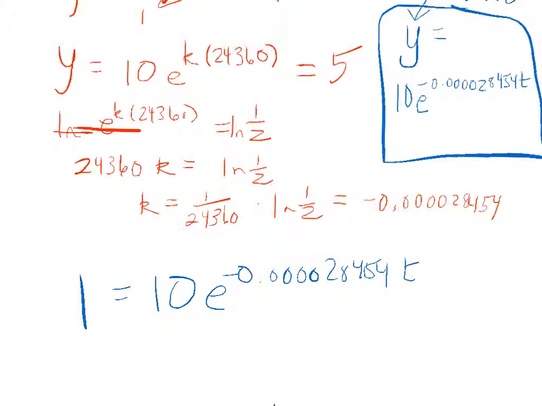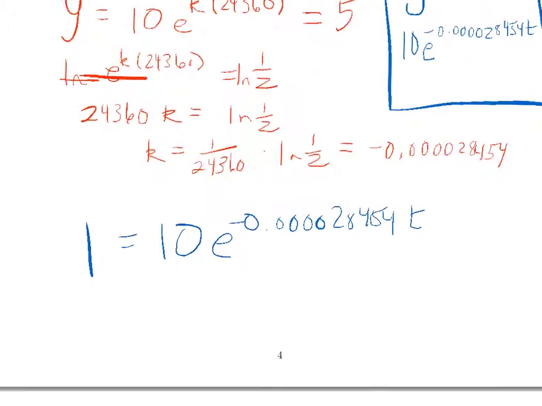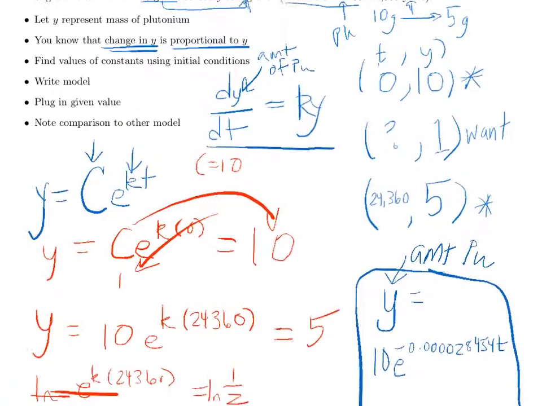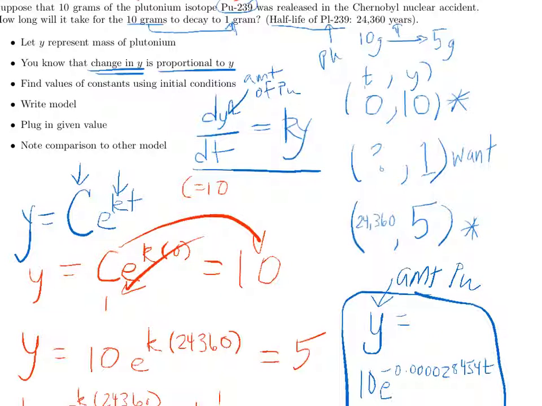What kind of value do you expect to get, range-wise? Greater than or less than the numbers that we've seen already? Greater. So taking a look at our other conditions, we expect it to be bigger than 24,360, right? Because 24,360 years is when we have 5 grams, so it's going to be some later time.